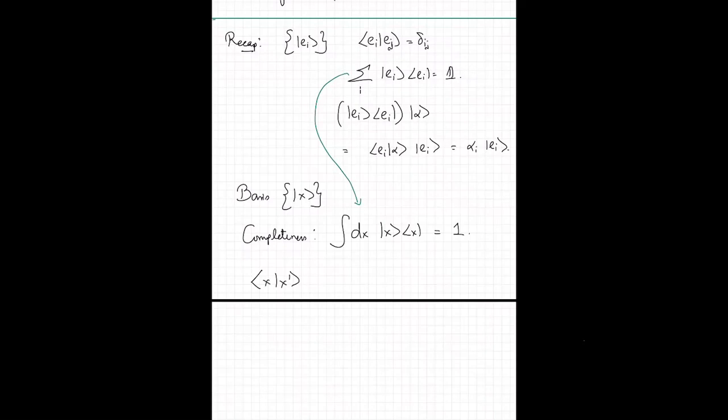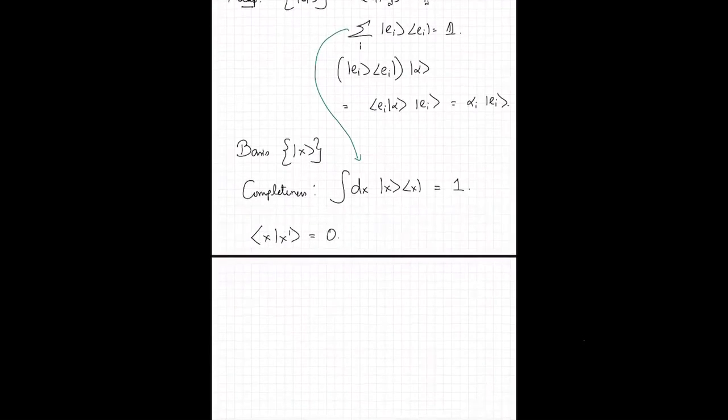So I should define my overlap of two different basis vectors, which are continuous basis vectors. This overlap should be 0. But what if I take the overlap at the exact same point? Can I get 1? You will actually see that this is not very straightforward to define. What is <x|x>? Is it equal to 1? Okay, let us work this out.